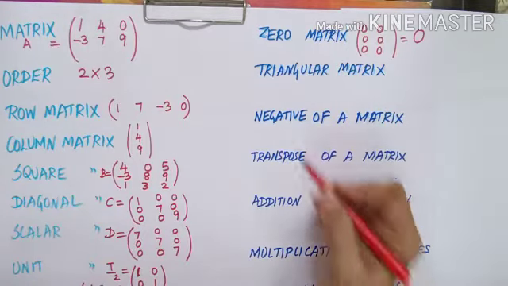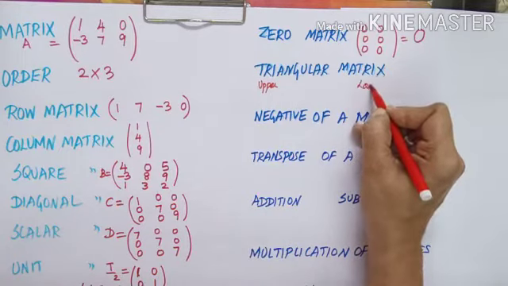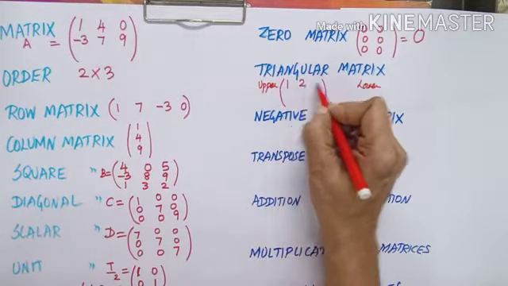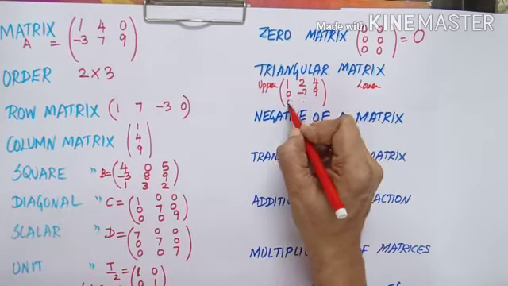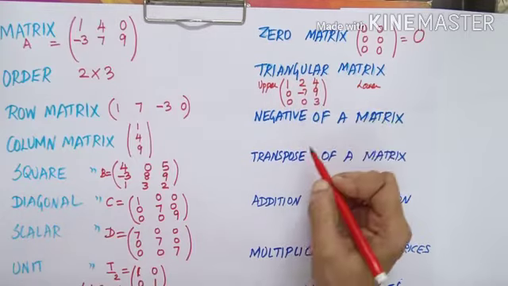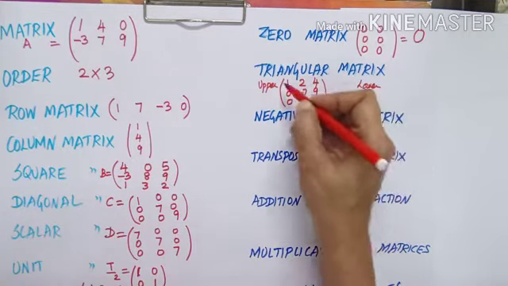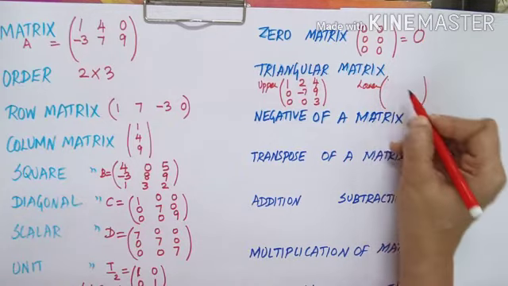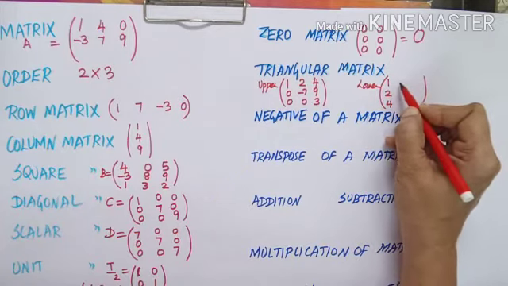Triangular matrix. We have 2 types, upper and lower. In upper triangular matrix, we have like this 1, 2, 4, 0, -7, 9, 0, 0, 3. See, upper triangular matrix. The lower triangular matrix, the same idea. We have 1, 2, 4.